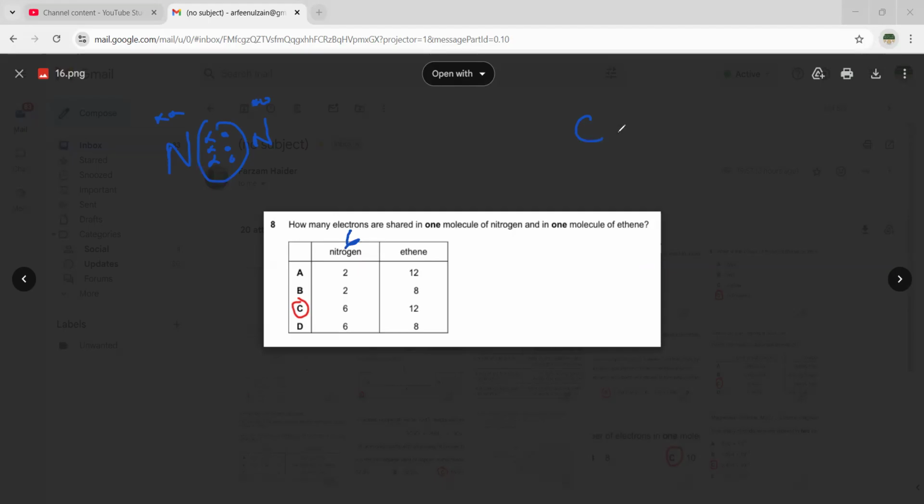Ethene. This is the structure of ethene. Eth means 2 carbon and ene means they will have a double bond.